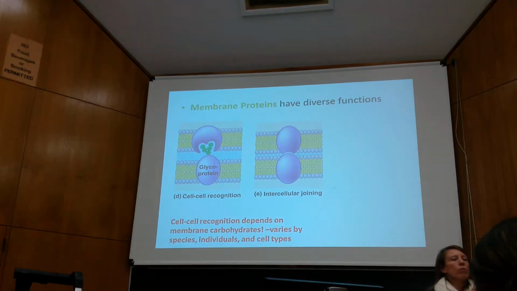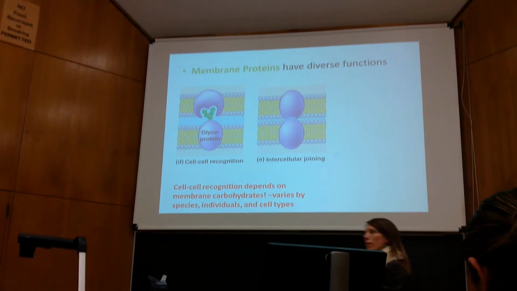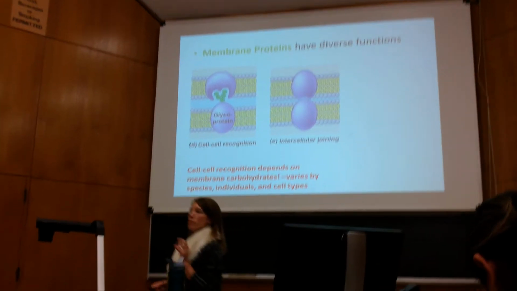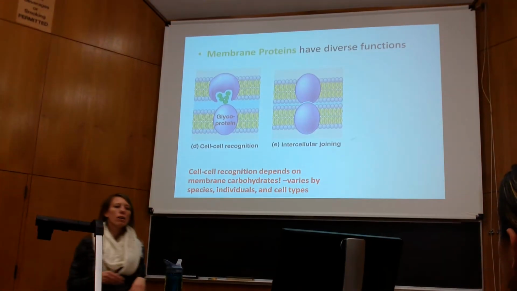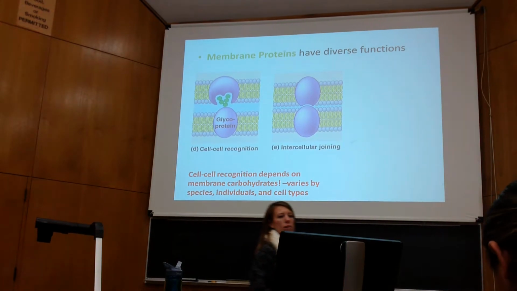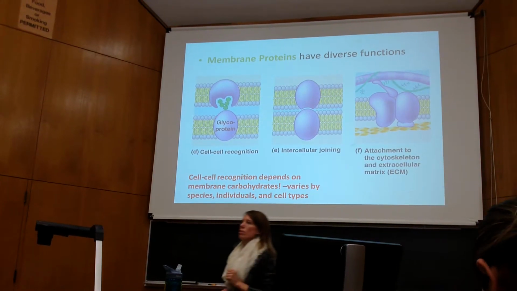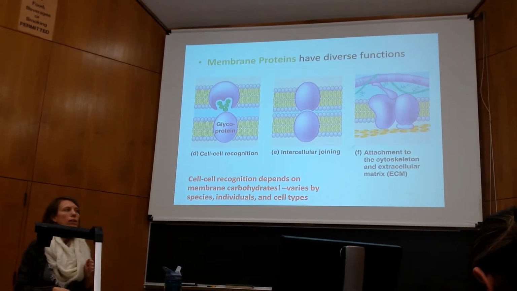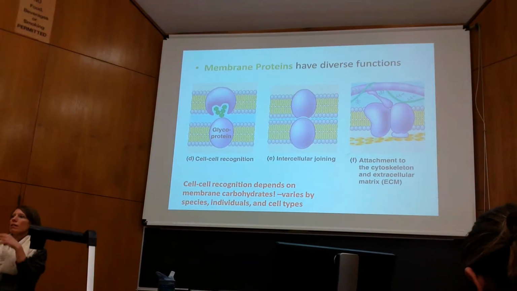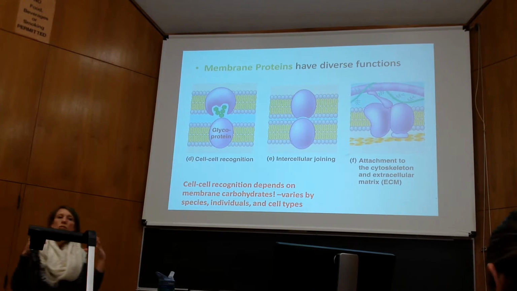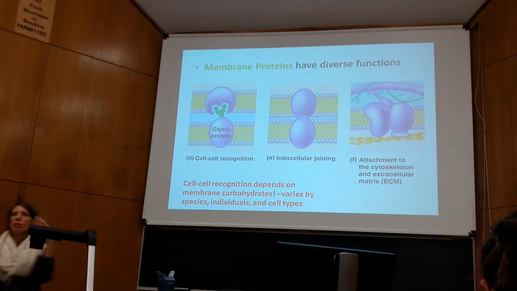A lot of times, these proteins help with intercellular joining. They bind one cell membrane to the next, if this is in that area where you want tightly compacted cells. And they attach to the cytoskeleton and to the extracellular matrix. So remember, we have the cytoskeleton just inside that cell membrane that helps give the cell structure, instead of it just being a loose blob.